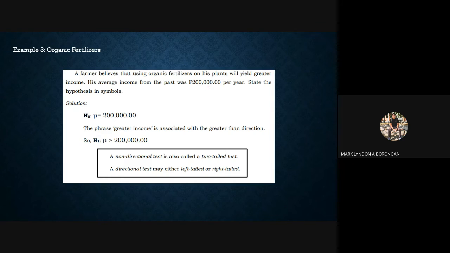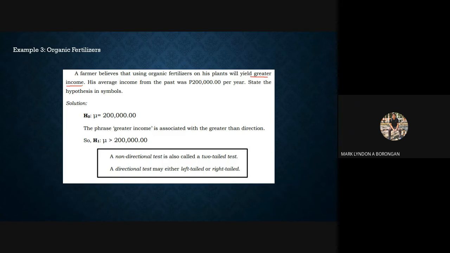And take note na ang keyword diari, greater income, no? So he wants to know if using the organic fertilizer will give him a greater income. So this means nga ang atong H sub 1 should be mu which is greater than 200,000. Ang iyahang gusto mahibaw-an if mogamit ba siya fertilizer, mudako ba ang income. So, since mudako man, greater than atong gamiton.